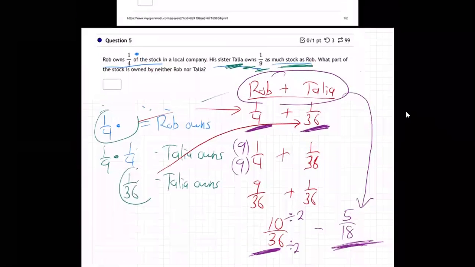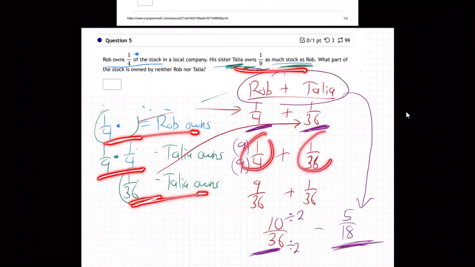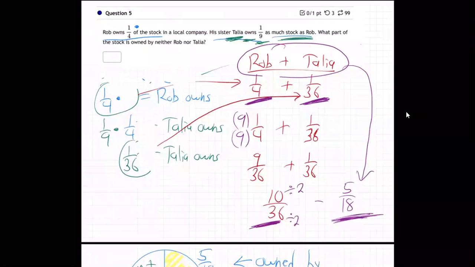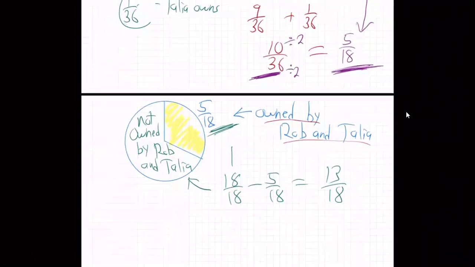All right, so again, running over this problem, 1/4 is the part Rob owns. 1/9 times 1/4, because Talia owns 1/9 as much as Rob. That's 1/36 is Talia. Add the 1/4 and the 1/36, common denominator. Get 10/36. Reduce the fraction when I divided top and bottom by 2. There we go, 5/18. So 5/18 is the amount owned by Rob and Talia.